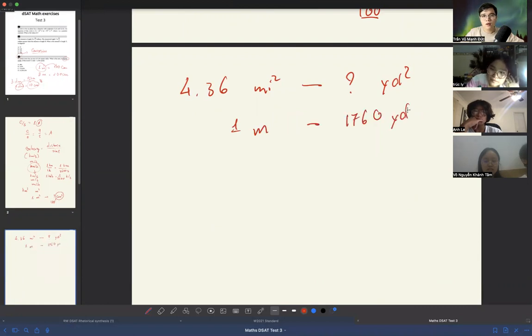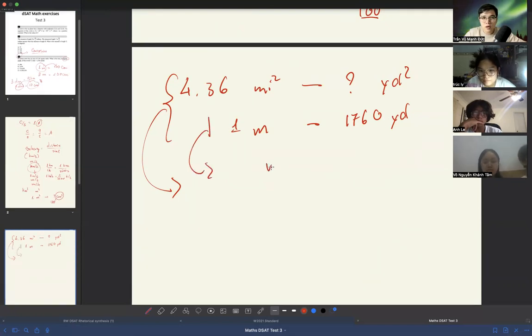All right. How are you going to approach this, Lina? It is equal to 4.36 times 1760 squared. Yes. Right. So you're converting from square miles to square yards, right?